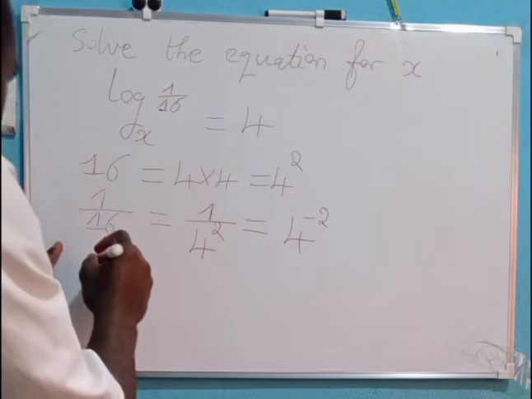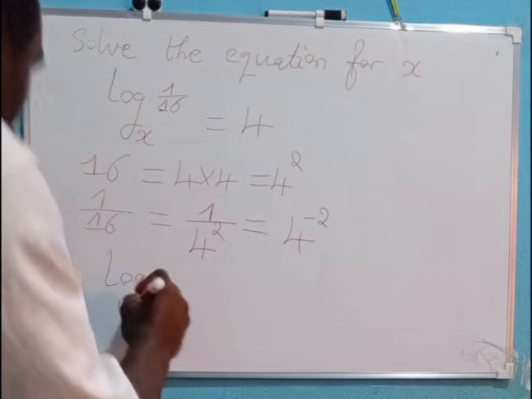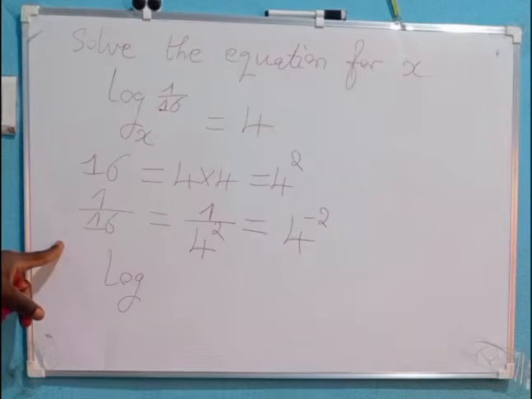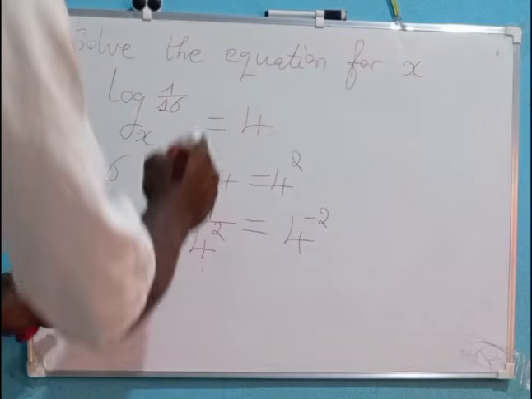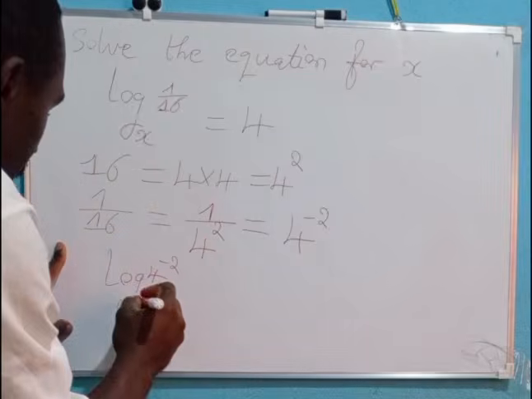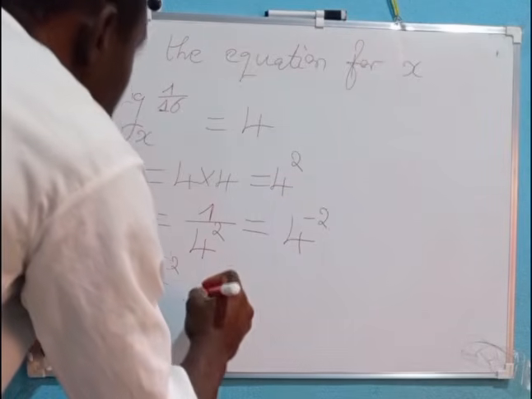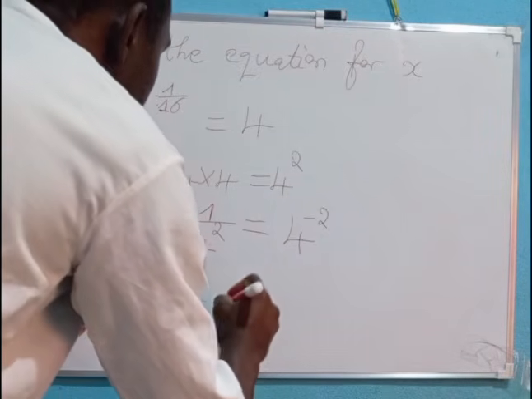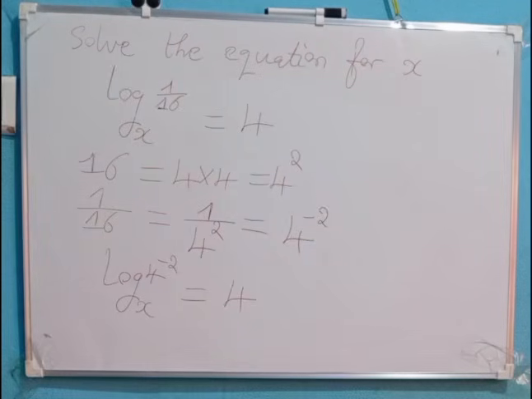In the above equation, the left hand side will simply be the log of 1 over 16. We are going to replace it with 4 raised to the power negative 2, base x is equal to 4. Next step, we are going to change the base of the left hand side to a new base of 4.